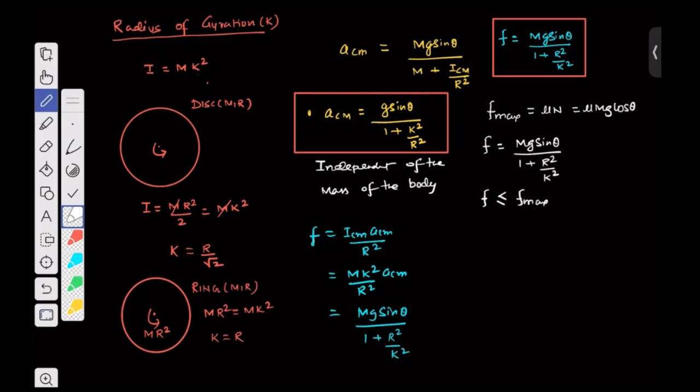So F must be less than or at least equal to the maximum friction force, which is mu times the normal force. So mg sin theta by 1 plus k square by r square must be less than or equal to mu times mg cos theta. What we have is mu must be more than or equal to tan theta divided by 1 plus r square by k square.